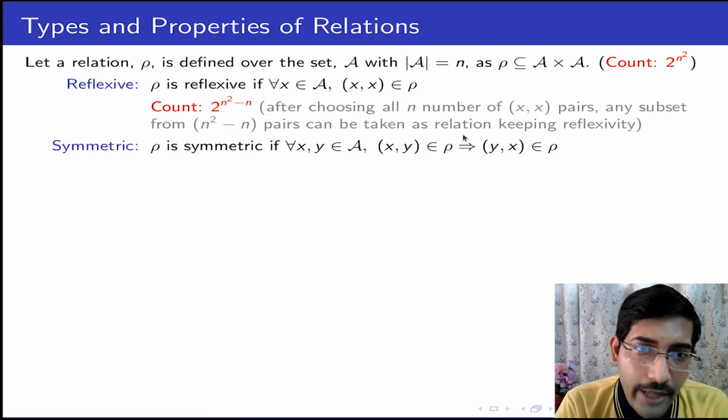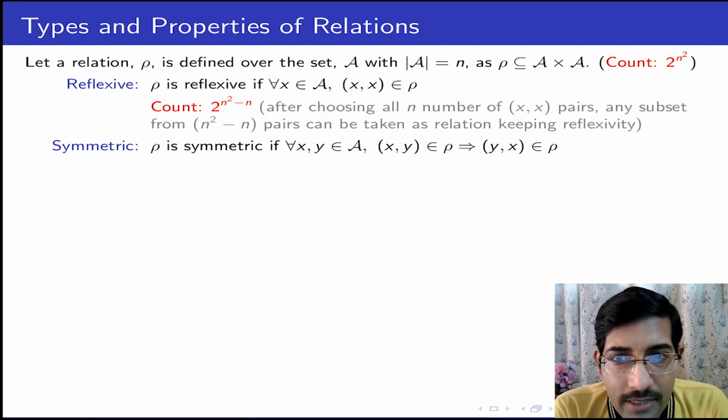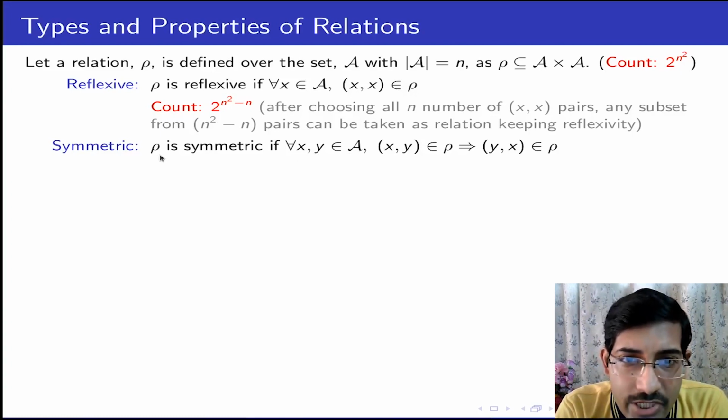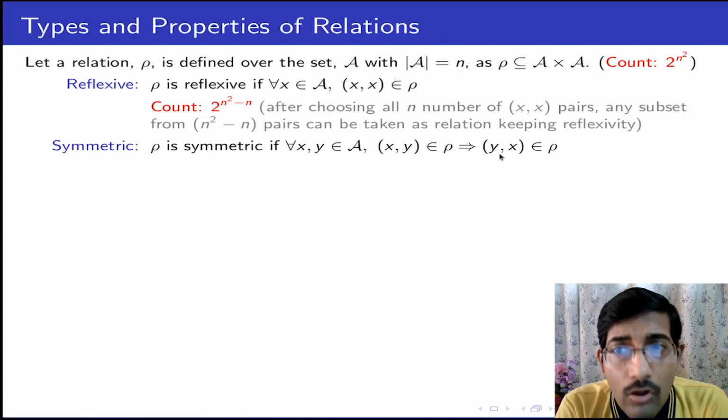The second type of relation is symmetric. So I say that let 2 elements x, y belong to set A. Now I say that a relation rho, which is defined as a subset of A cross A, is symmetric if, when I take one pair inside the relation, I will also have the reverse pair in it.